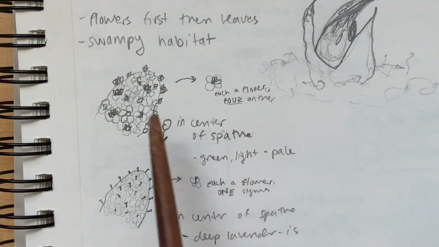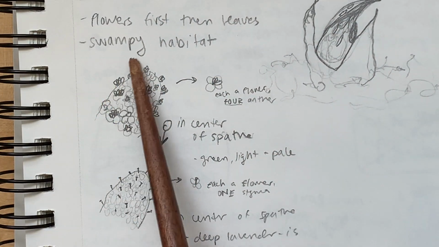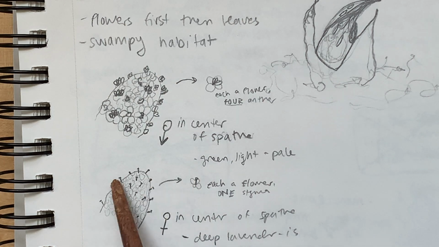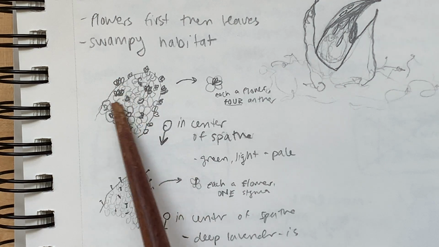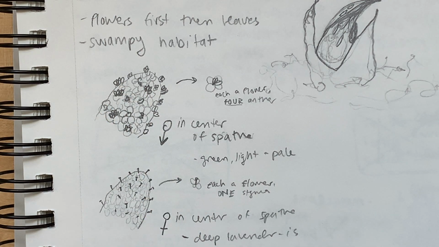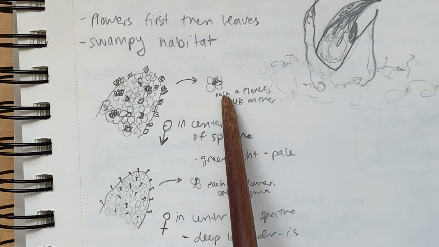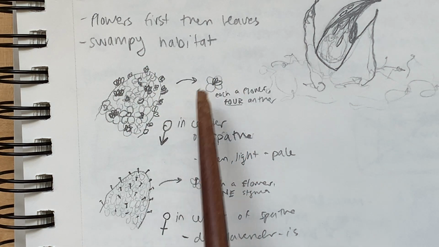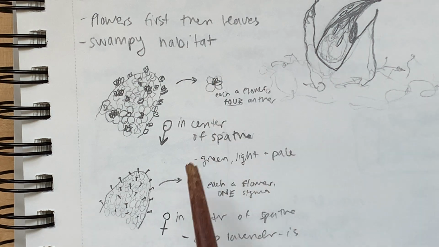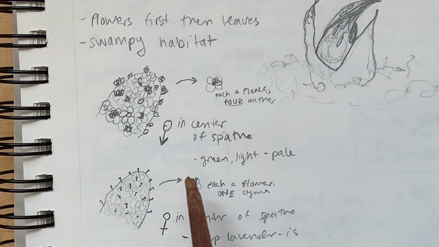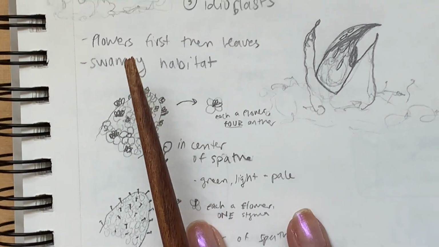And then in the interior, in the center of each, sometimes you can see them and sometimes you can't, is sort of the sexual organ of the flower. And here again you can see male and female. Each of these has one tiny flower with 4 anthers. And then in the female, each is one tiny flower with 1 stigma.